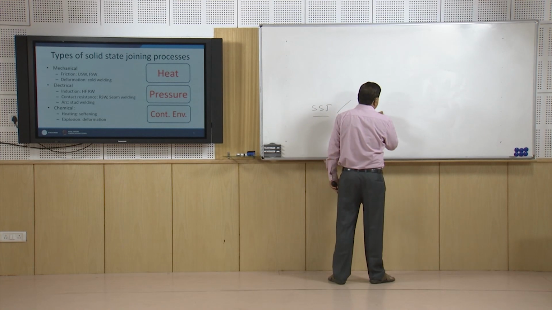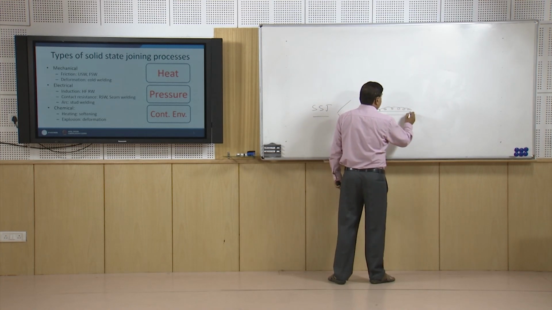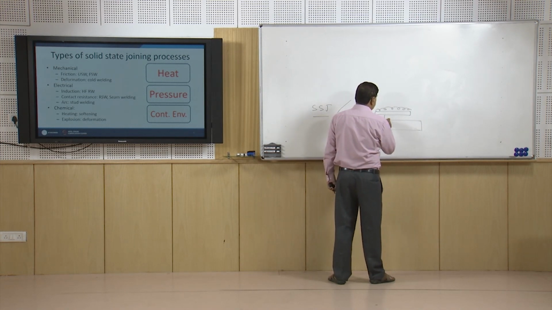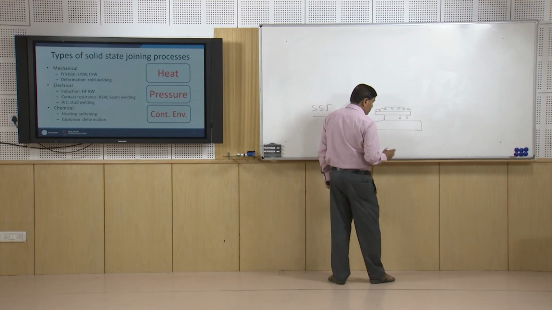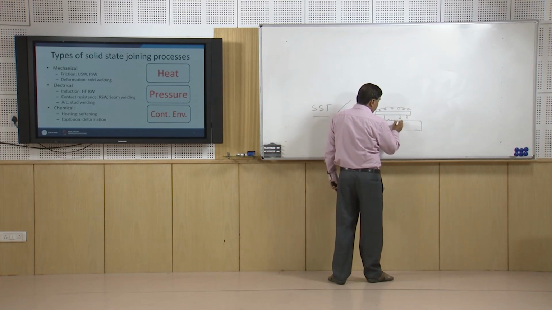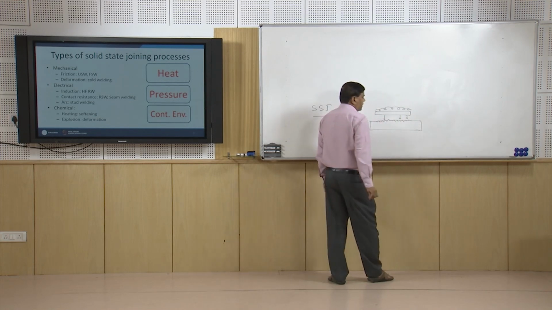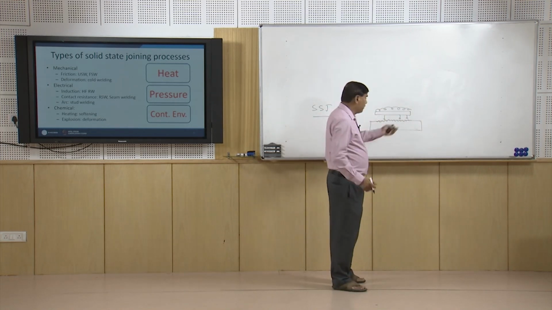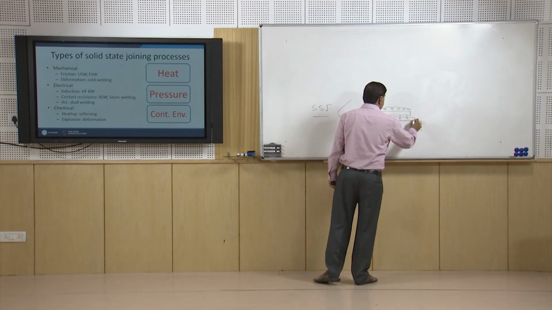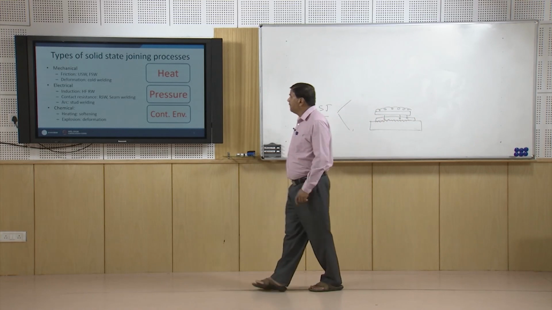In case of the explosion, the explosive material is kept at the surface and then it is exploded, so that it hits or impacts the other surface with which it is to be joined, and in this case large scale interfacial deformation takes place on the two sides for developing the metallurgical bond between the two components being joined using the explosive approach.